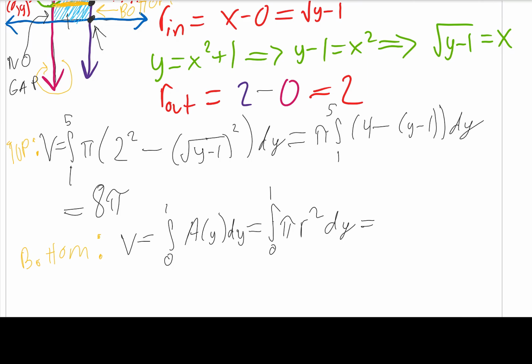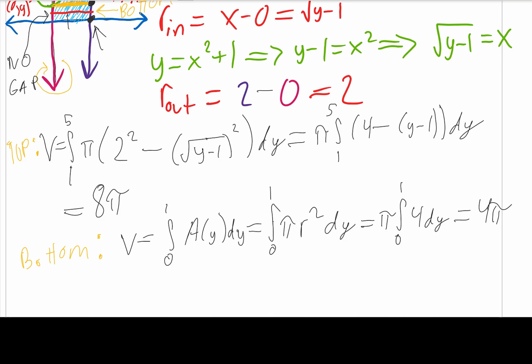Well, the radius here isn't bad to calculate. It's just going to be this radius right here, which would be 2. So this is going to be pi times the integral from 1 to 0 of 2 squared, which is 4, dy. And so we'll get that this bottom portion, when we revolve it around our axis of rotation, has a volume of 4 pi.